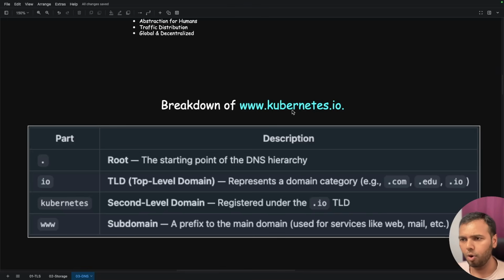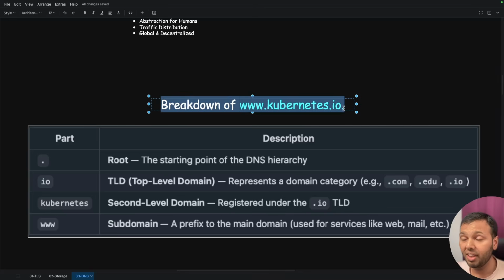It's www.kubernetes.io, and there is a dot at the very last. And we never add this dot when we are accessing the website. But why is there a dot here? This dot is auto added by your system or your browser whenever you access any website, and this dot at the very last represents the root.